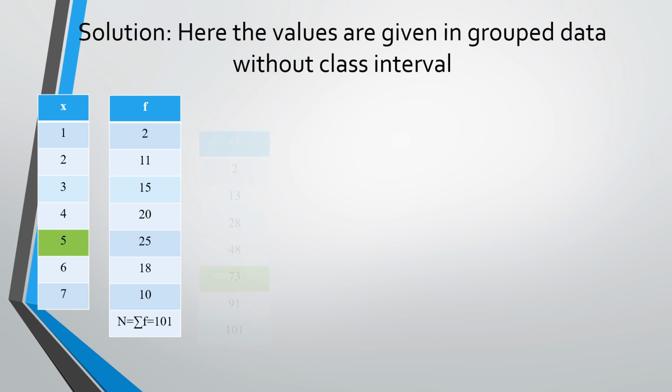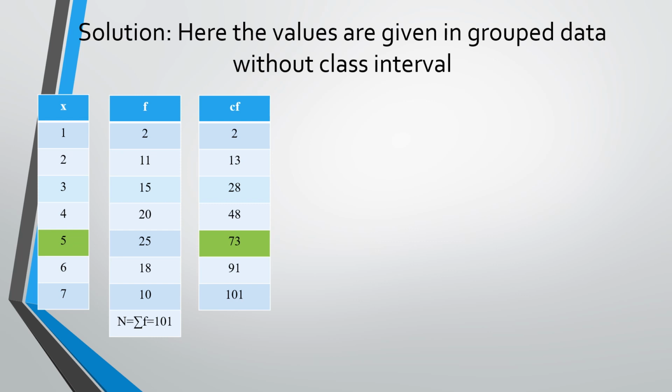And then in the third column you need to find cf, which is nothing but the cumulative frequency. The cumulative frequency in this solution, the first value is 2, which corresponds to the frequency 2. The next cumulative frequency is obtained by adding this 2 with the next value of the frequency, that is 11. 2 plus 11 will be equal to 13.